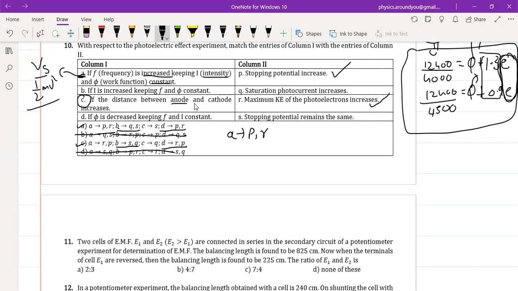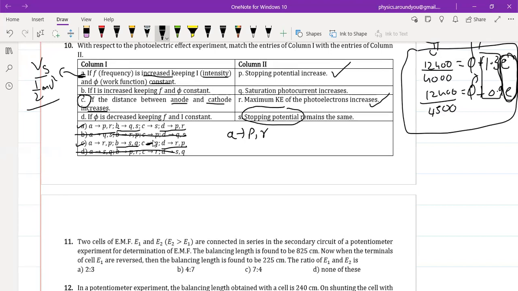What would happen if anode and cathode separation distance is increased? Actually, there's nothing dependent on the distance between anode and cathode, especially if I talk about stopping potential.